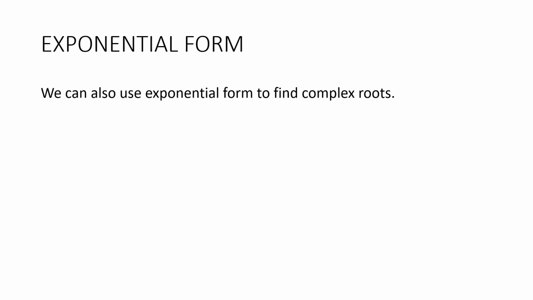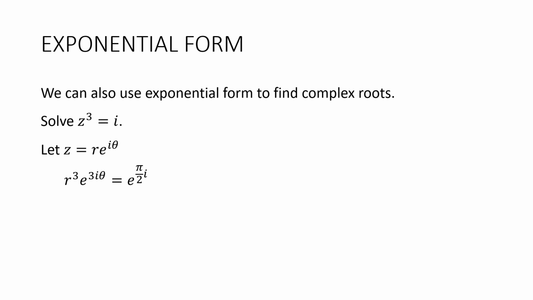Now you might be wondering, can we use exponential form to find complex roots? And yes, we can. So let's do that with this question: z cubed is equal to i. Now instead of writing z equals r cis theta, we're going to write it as r e to the i theta. Substituting it back into that equation and writing i in exponential form, we can now equate moduluses and arguments.